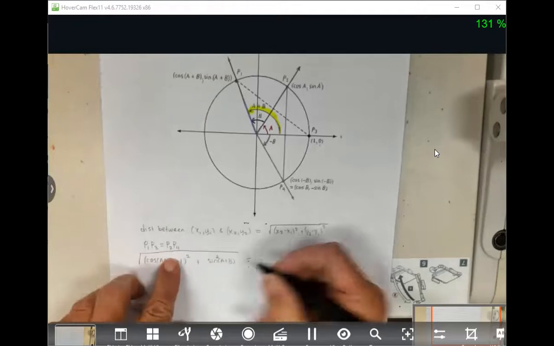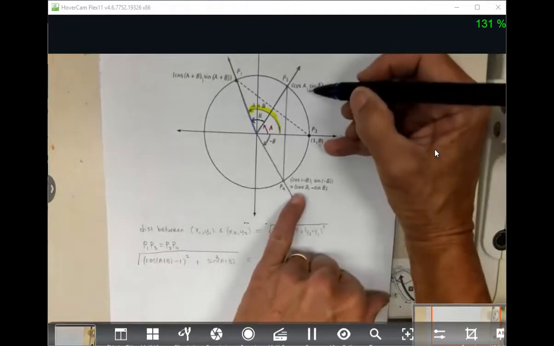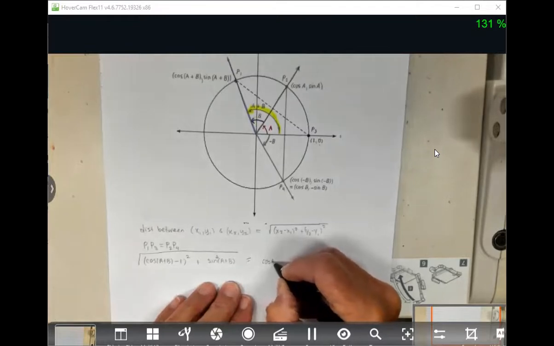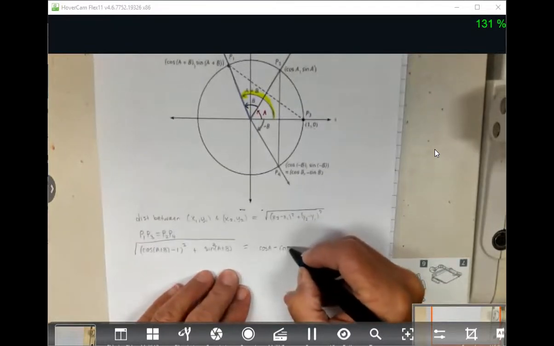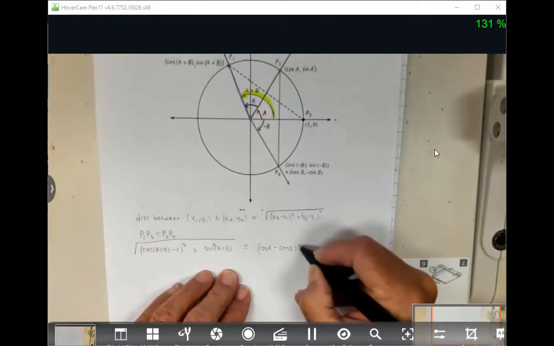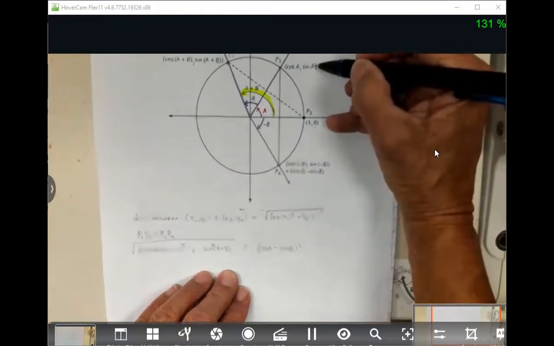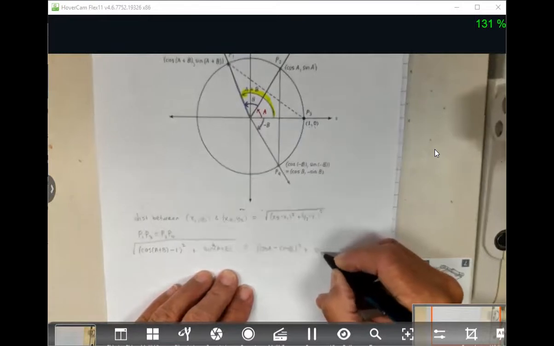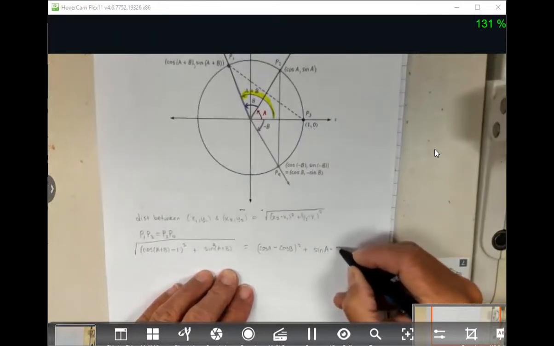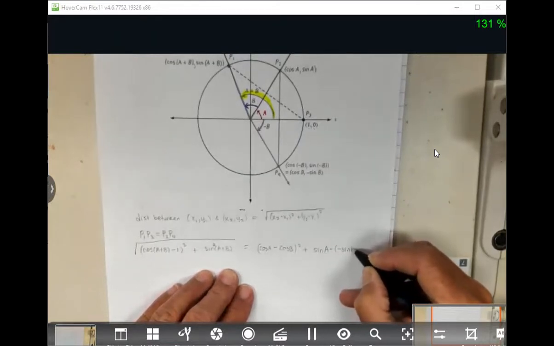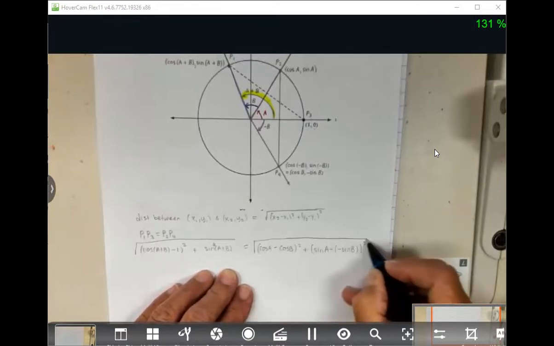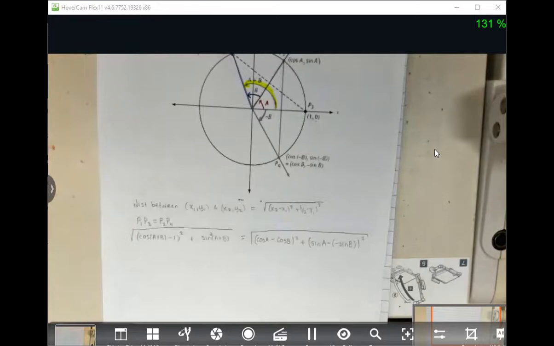Now the distance between P2 and P4. The difference in the x's is cosine of A minus the cosine of B. Then I've got to square that. And then the difference in the y's is sine of A minus minus sine of B. So that's the distance formula acting on both of those.